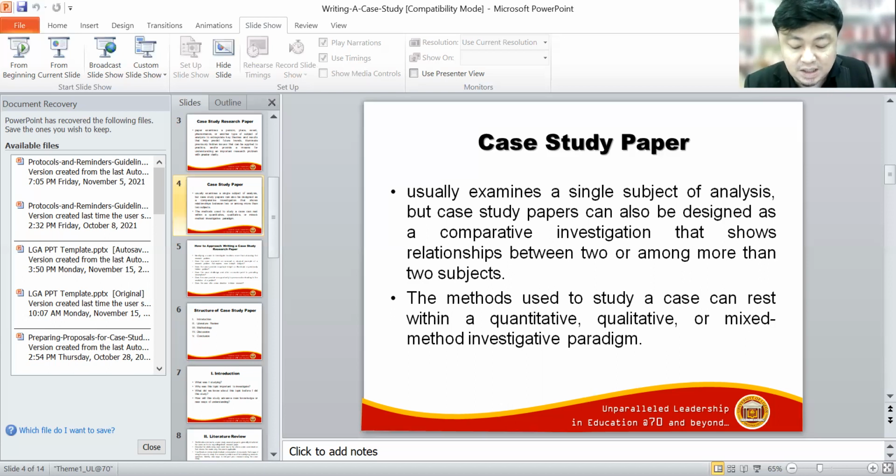Number 3: the case study is most useful for generating hypotheses, that is in the first stage of the total research process, whereas other methods are most suitable for hypothesis testing and theory building. Number 4: the case study contains a bias toward verification, that is a tendency to confirm the researcher's preconceived notions. And finally, it is often difficult to summarize and develop general propositions and theories based on specific case studies.